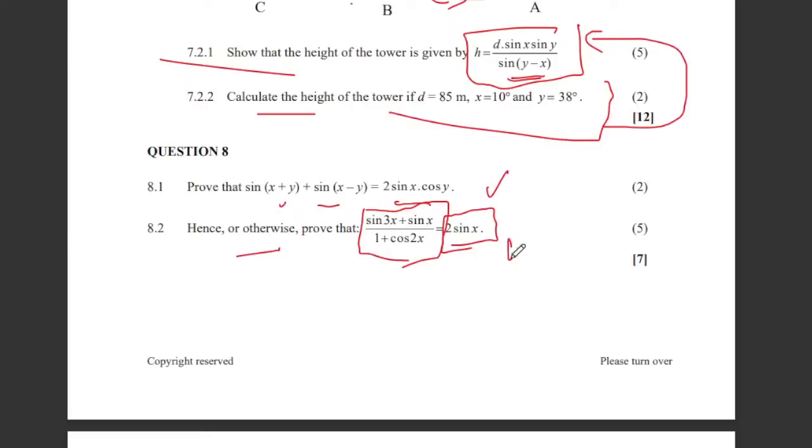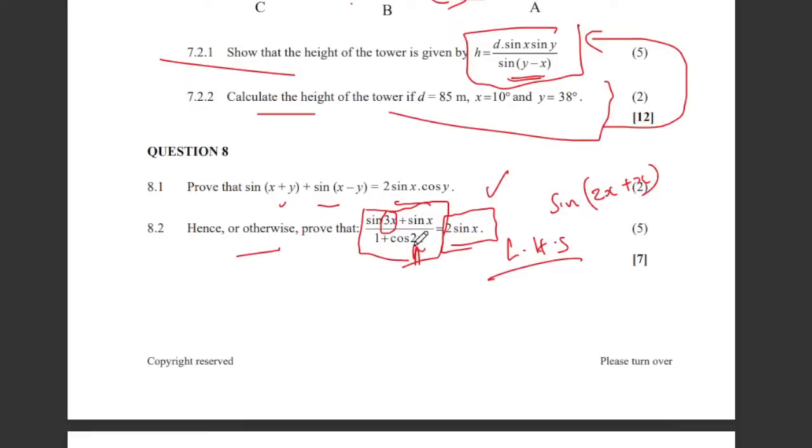So in this case, the left-hand side would be the best, okay? With the left-hand side, we're seeing a 3x. Expand that 3x, okay? This 3x can be written as x plus 2x. Try to expand the compound angle of that. And then this is a cos 2x.